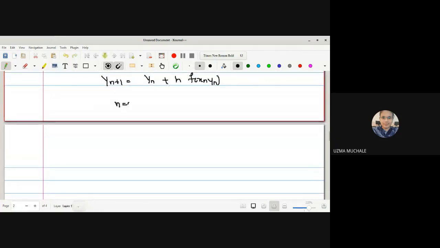By using n equal to 0, we get y1 is equal to y0 plus h, which is 0.1, times f of x0, y0. What is x0?